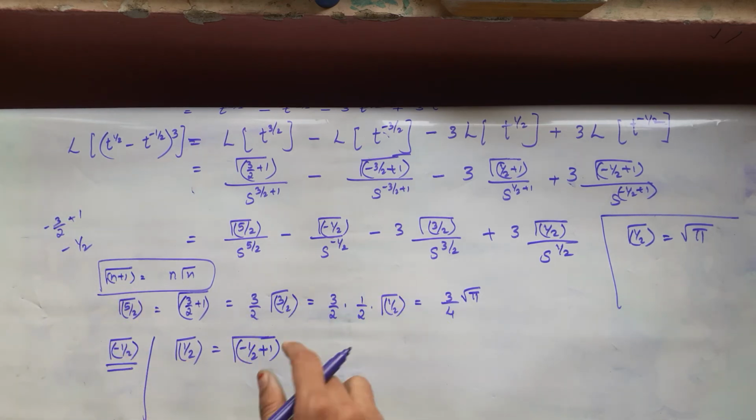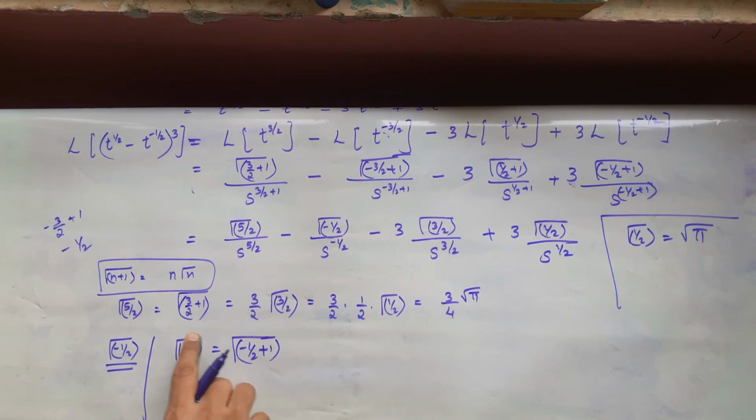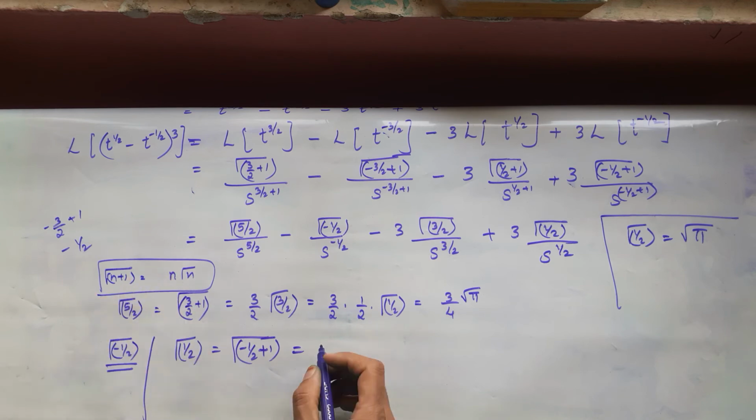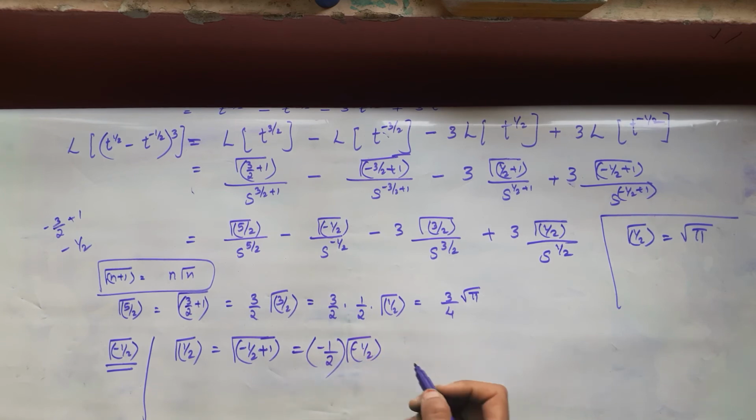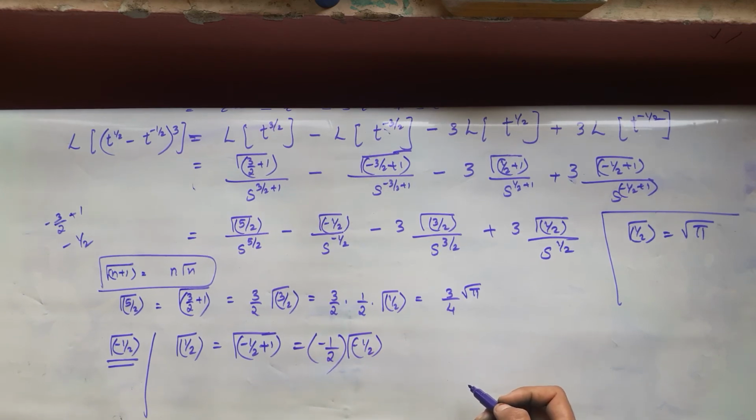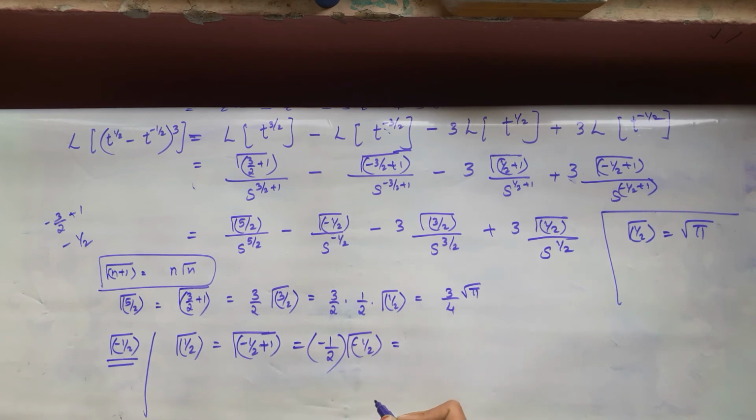Minus half plus 1 is plus half, is it not? So plus 1 is there. In place of n, you have got minus half. So split it according to this. It is minus half into gamma of minus half, right? I hope it is clear to you. Now this is equal to what? I want gamma of minus half from here.